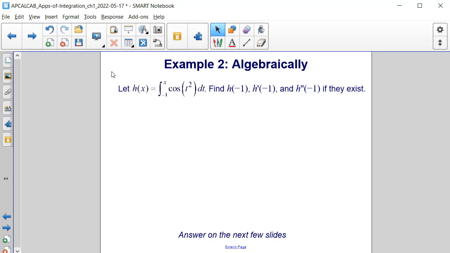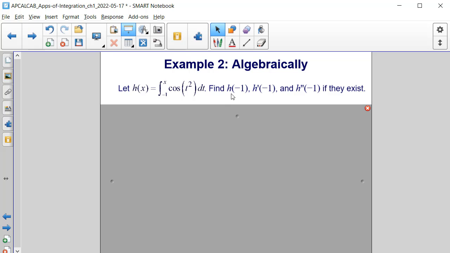Let's try another example on integral defined functions algebraically. Let h of x be equal to the integral from -1 to x of cosine of t squared dt. Find h of -1, h prime of -1, and h double prime of -1 if they exist.